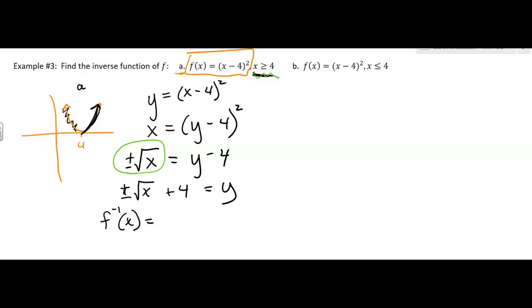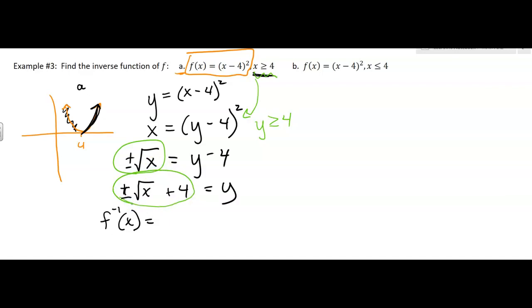When you switched the x and y, so right here, we can also switch it on the restriction. So we're saying y has to be greater than or equal to 4. That means that this needs to be greater than or equal to 4.